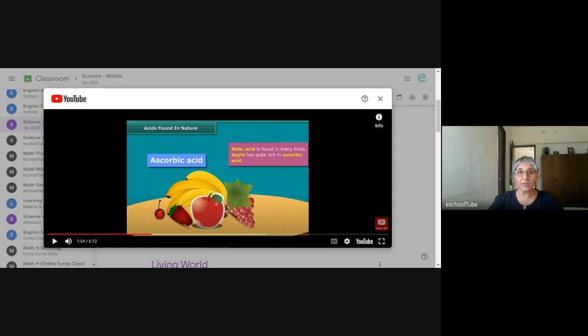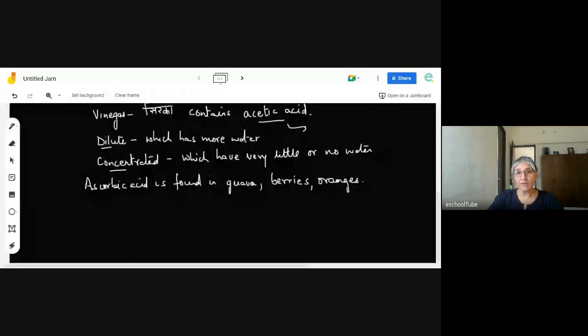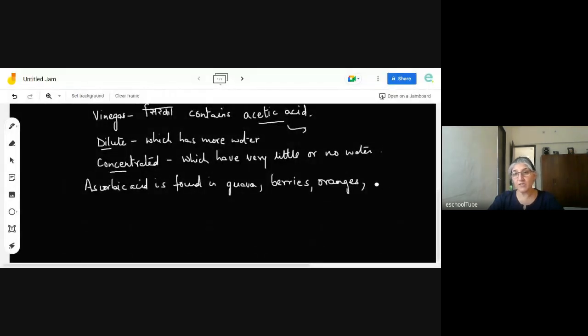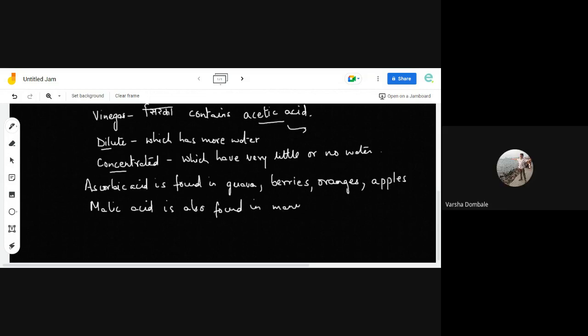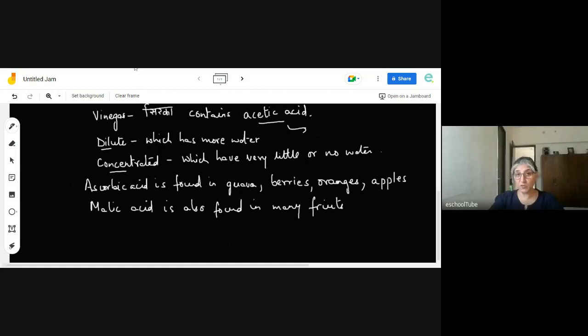So we wrote guava, berries, oranges, apples, and malic acid is also found in many fruits. We can find out which fruits, but that can be homework for all of you.